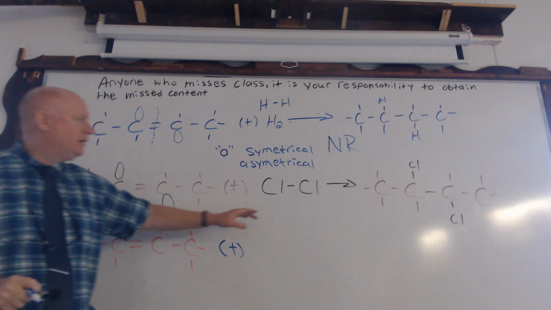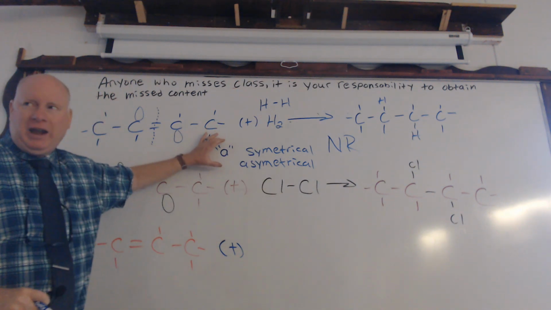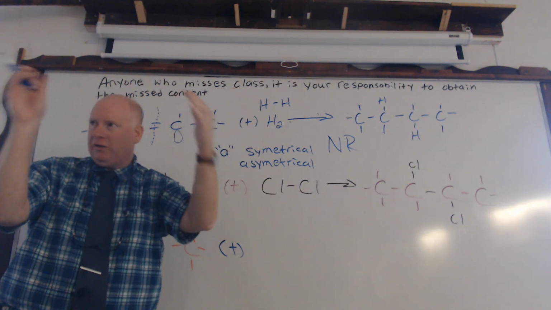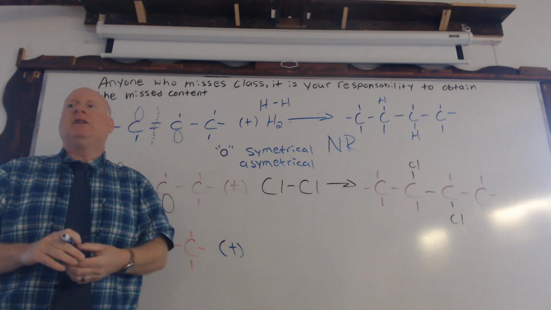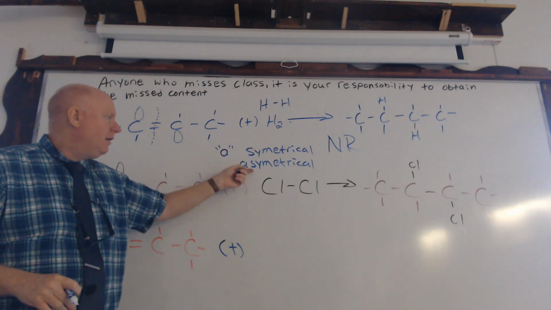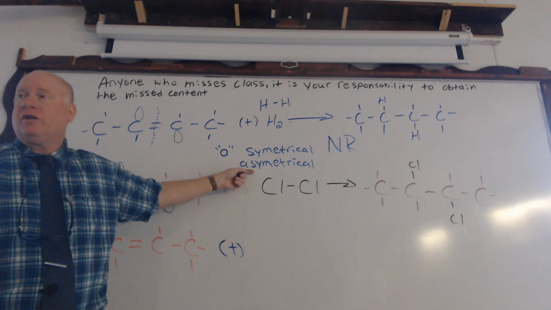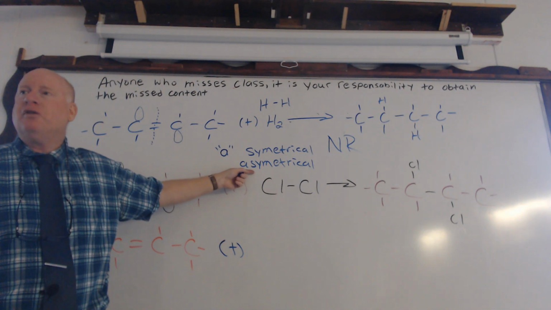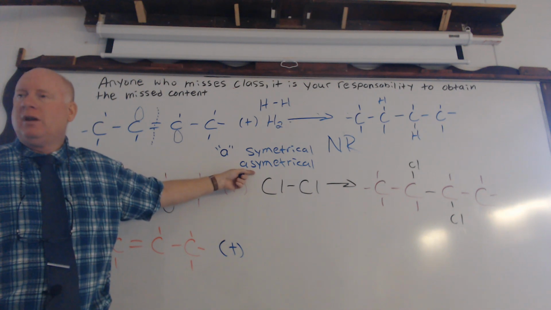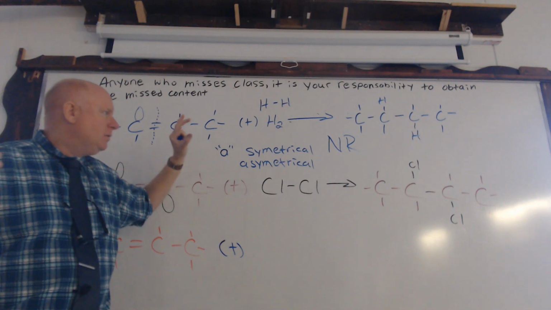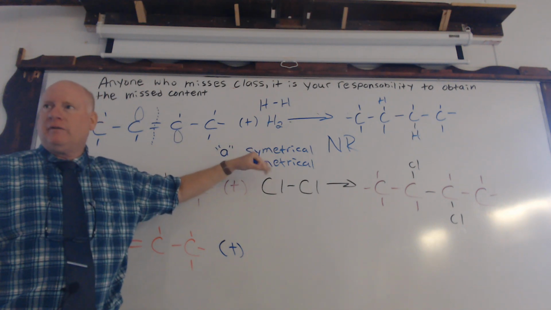This is the letter A, then symmetrical, because it's the same on both sides. Because if we want an asymmetrical reagent, we're talking about water, it could be one of them. It could be a hydrogen and a halogen. So then, again, you really got to be careful when you're conversing about this.